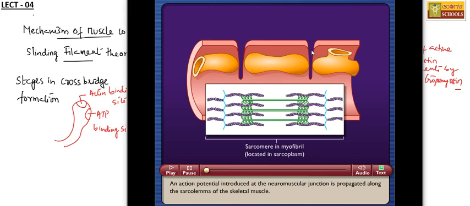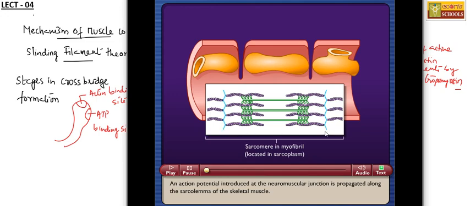Here is the animation. You can see this is the T tubule, and on either side you have endoplasmic reticulum. Inside the sarcoplasm you find the myosin with the heads, and these are the actin filaments, and this is the Z line.